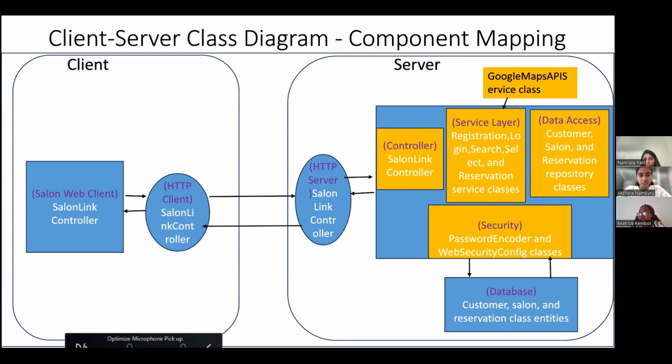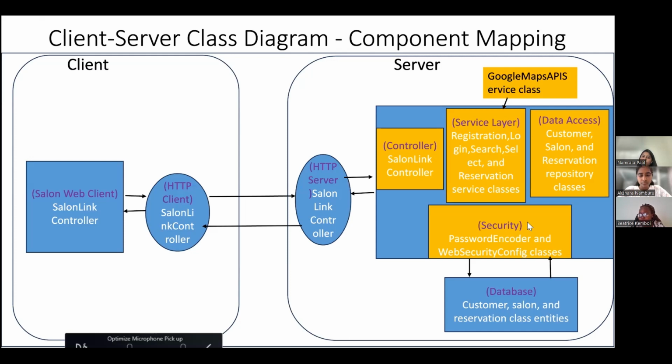And then for the data access layer, I have customer, salon, and reservation repository classes that map to the components for data access within this layer. And then for the Google Maps API component that I had, this class here maps to that.